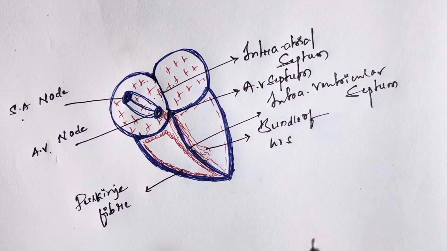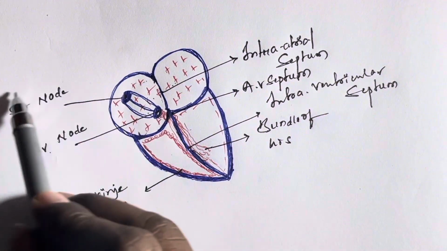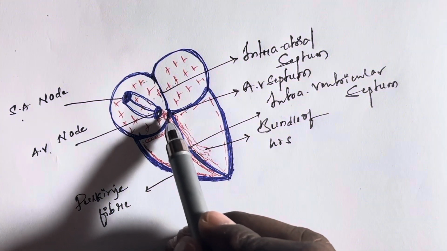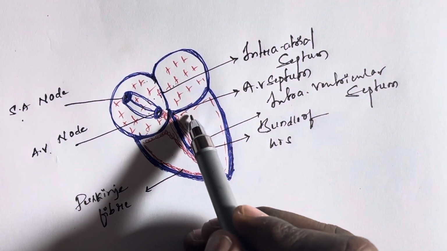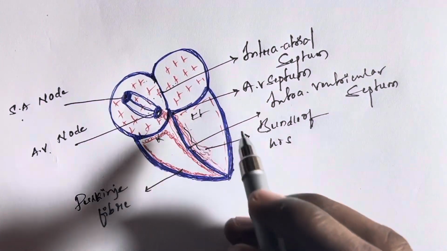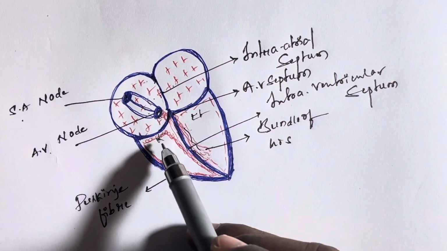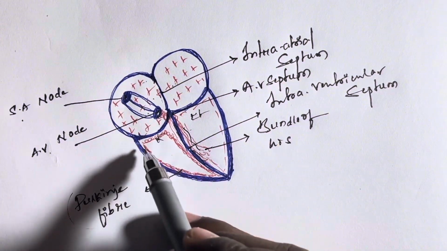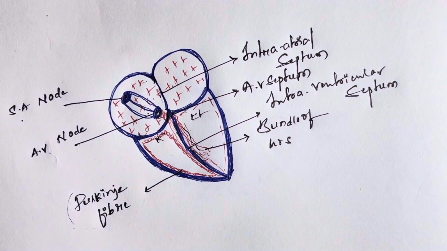So the impulse goes from the SA node to the AV node, and from the AV node it is bifurcated into the left side and right side. The bundle of His is bifurcated into the left and right sides. Then the Purkinje fibers are present inside the ventricles.